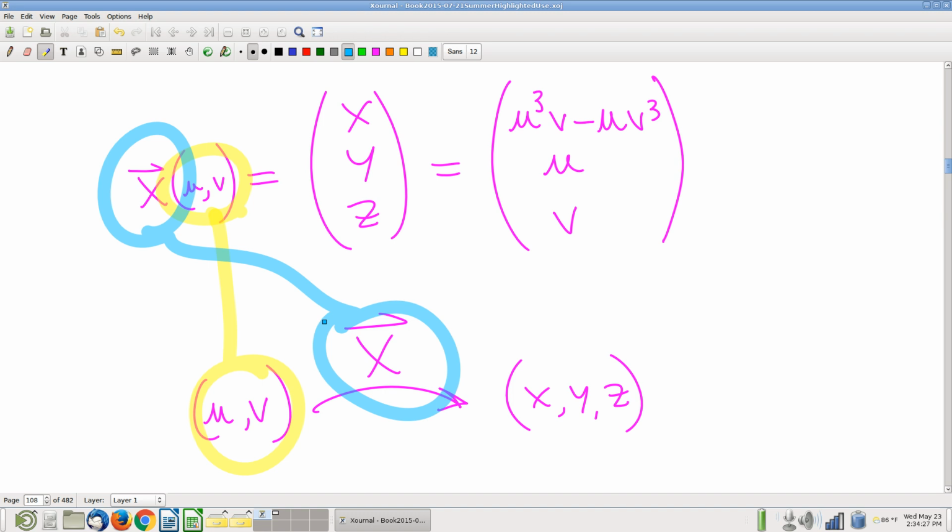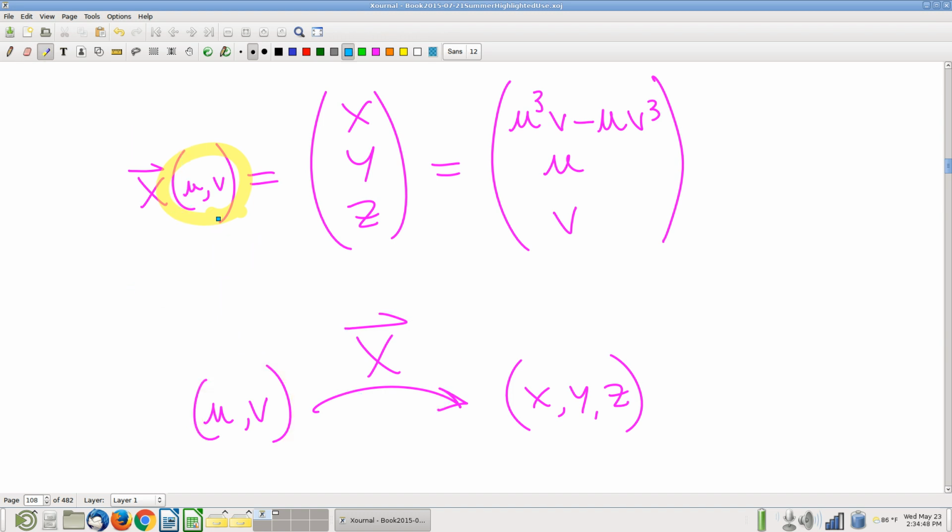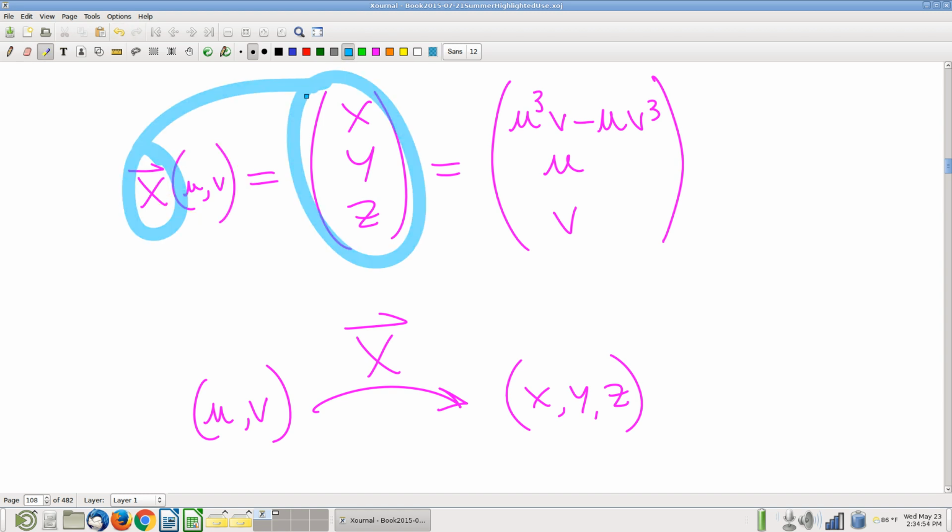Does x being a function have anything to do with x being equal to these two variables? Well, x is not equal to these two variables. The x vector is a function of these two variables. So this x in the equation is a vector? Yeah, this x is a function whose components are x, y, and z. So that x and that x are two different x's.